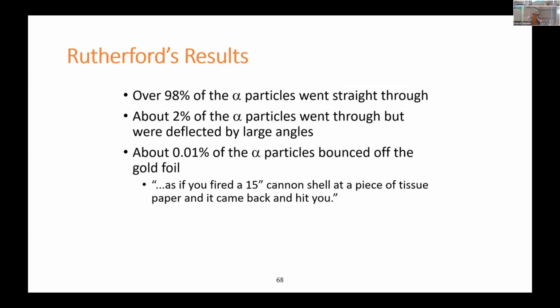About 0.01% of the particles bounced off the gold foil. 0.01, that's 1 in every 10,000 bounce back. So what does this mean? This means that 98% of the space in that gold foil is empty. How could that be? We could see it and we can't see through it.